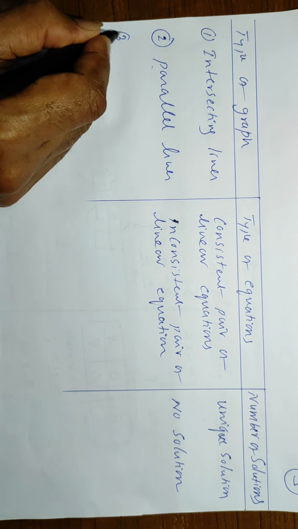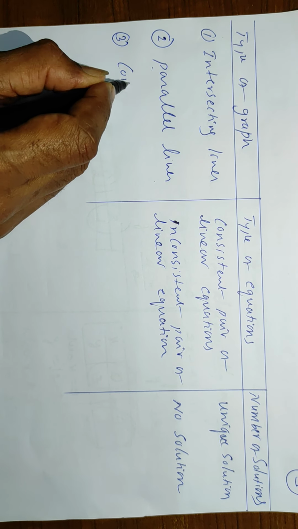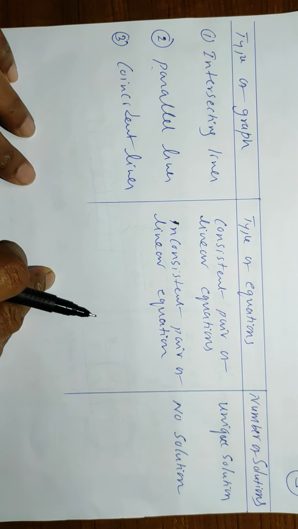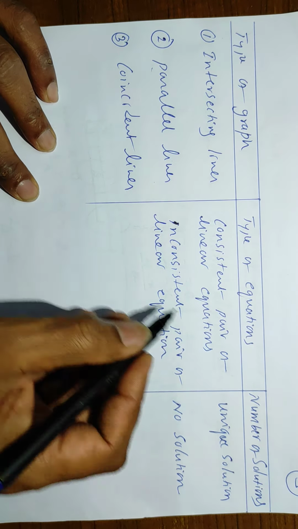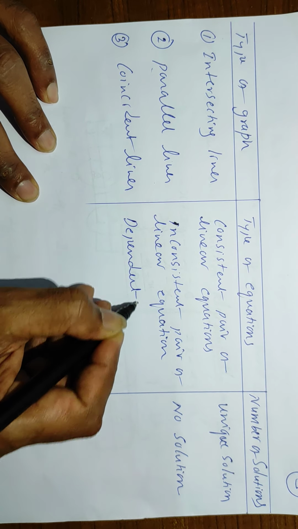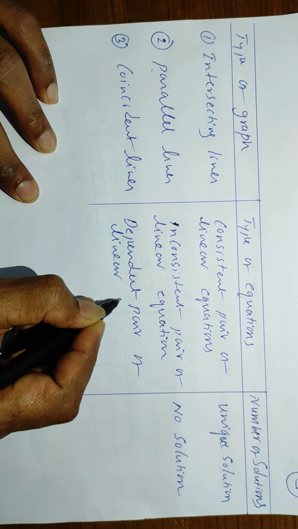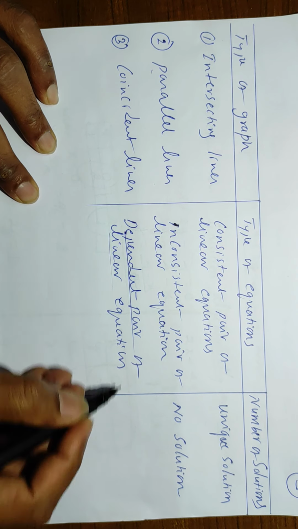And the third possibility is coincident lines. In such a case, we call the equations a dependent pair of linear equations.